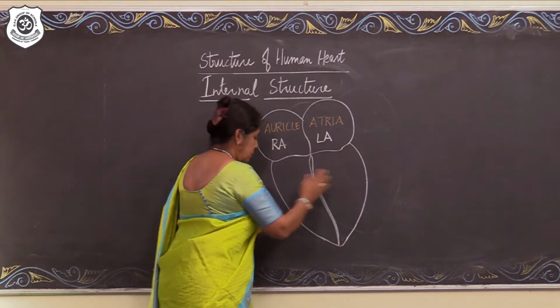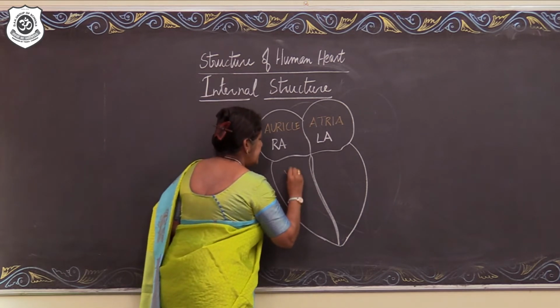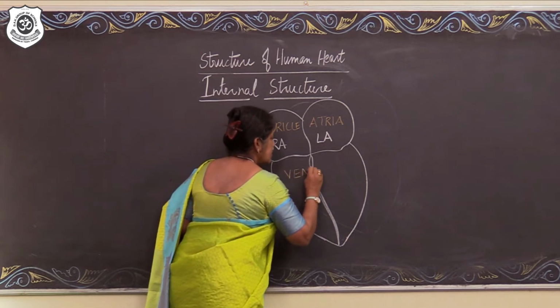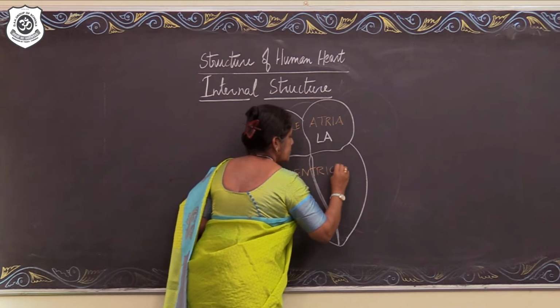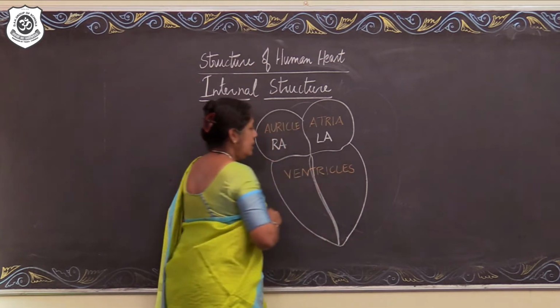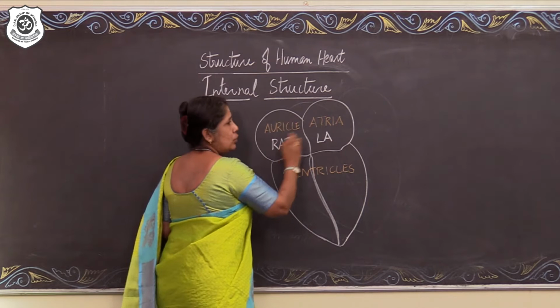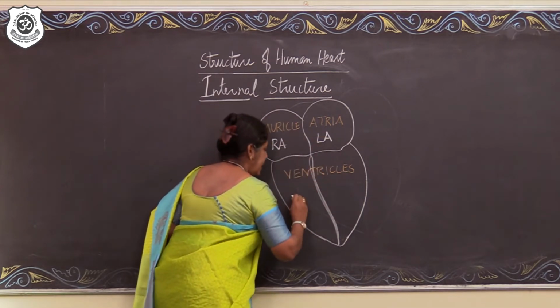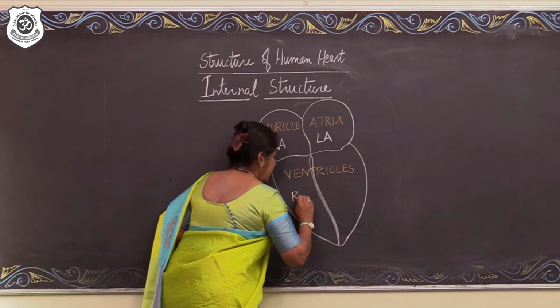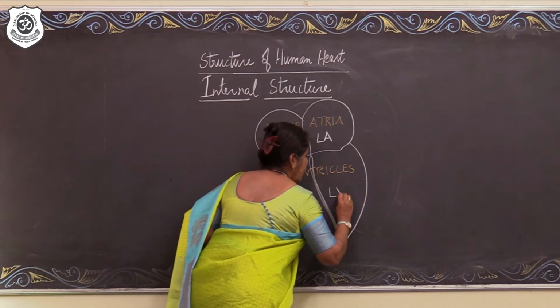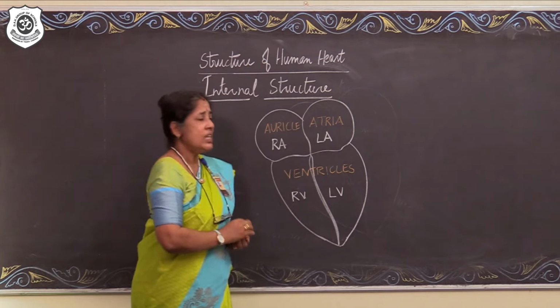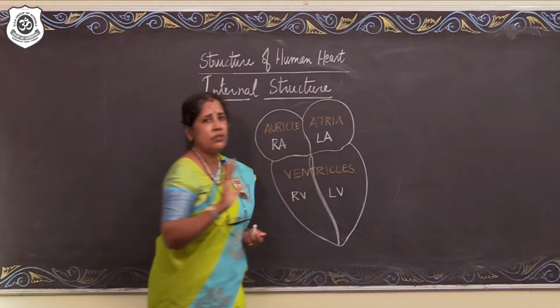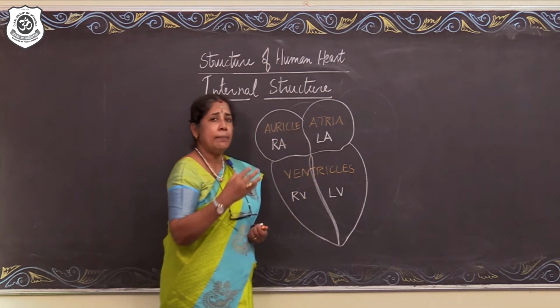The lower chambers of the heart are called as ventricles. And just as how we have two auricles, there are two ventricles. The corresponding ventricles will be right ventricle and left ventricle. So these are the four chambers of the heart, but let us know a little more about this.